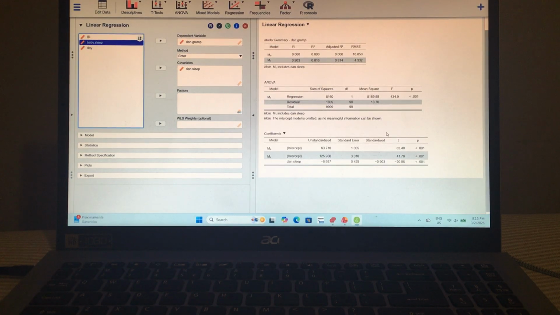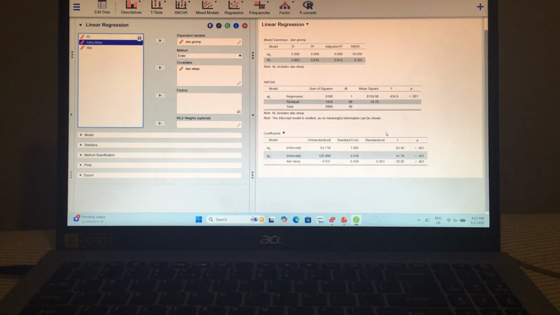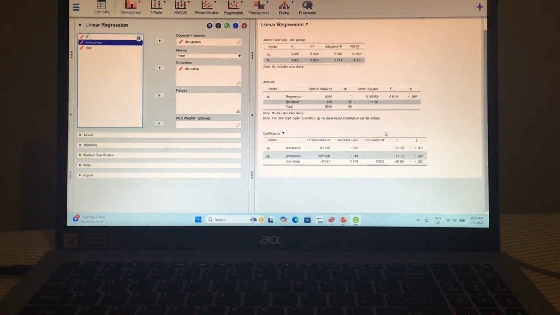So T in the bottom, where it's M1, let me check. So if it's 41.76 times 41.76.